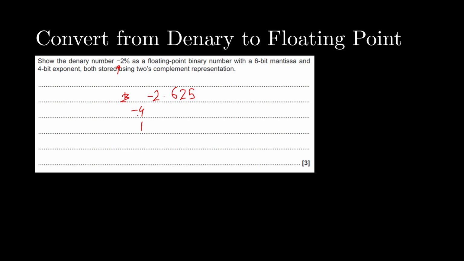So now we need to find out what to add to minus 4 so that we can get minus 2.625. So we can't add 2, because then we'd get a number greater than minus 2.625. So the next best thing we can do is add 1. That will give us minus 3. So we need to add on a 1.